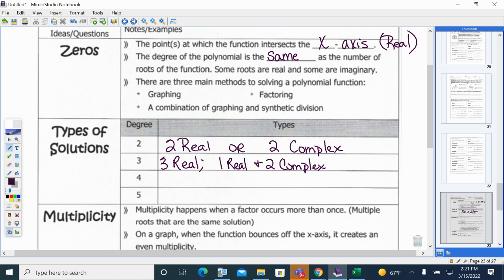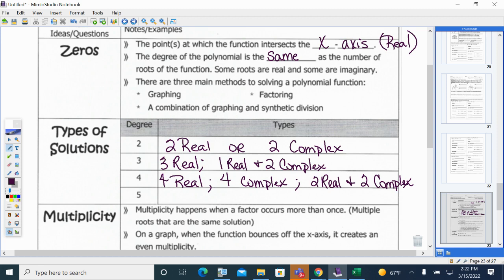What if we have a quartic function? Again, all four of those solutions can be real. All four of them could be complex. Or we can have 2 and 2. So we might have 2 real and 2 imaginary, or complex. I use those words interchangeably.